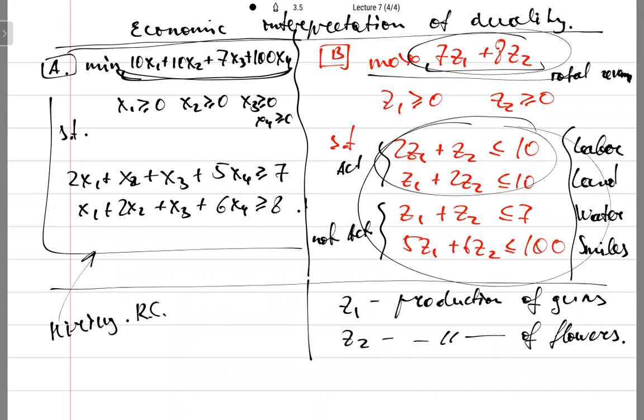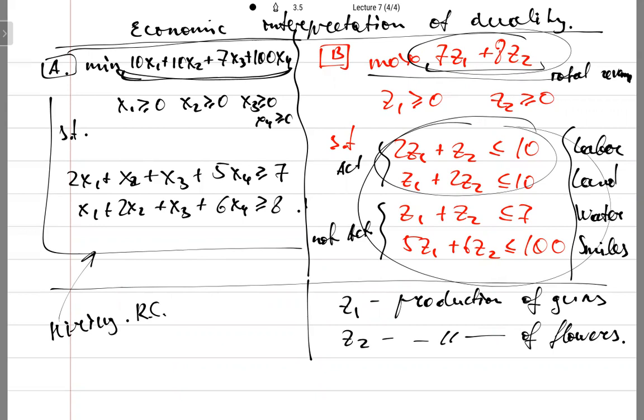I say, for every unit of labor, I will pay you X1. So if you use 1 hour of labor, I will pay you X1. For every unit of land, I will pay you X2. For every liter of water you use, I will pay you X3. For every smile, I will pay you X4.